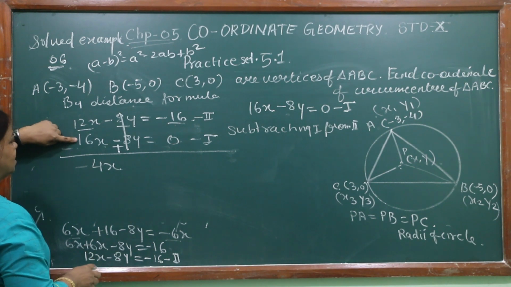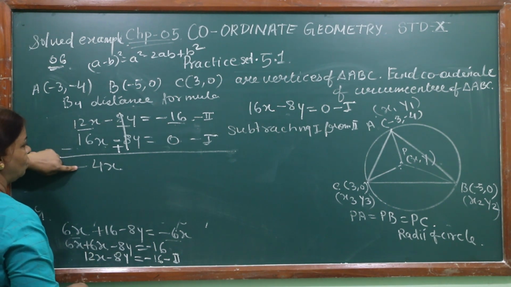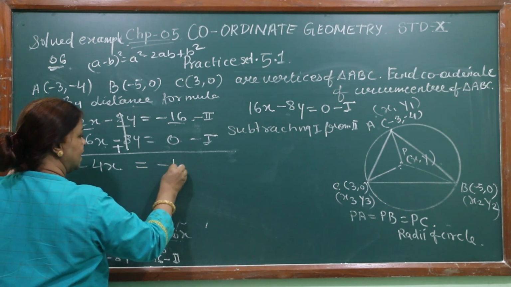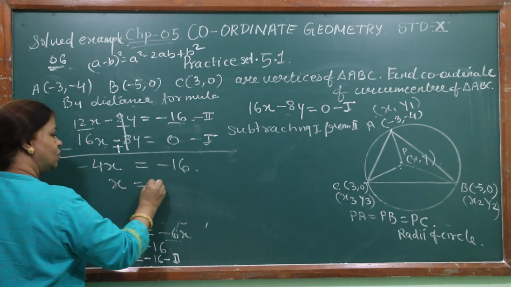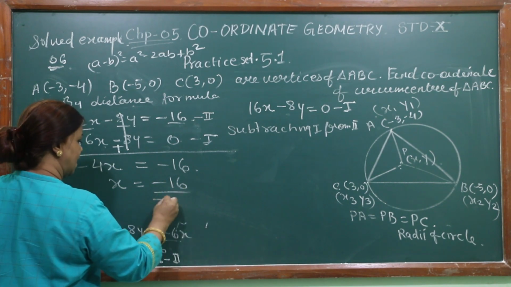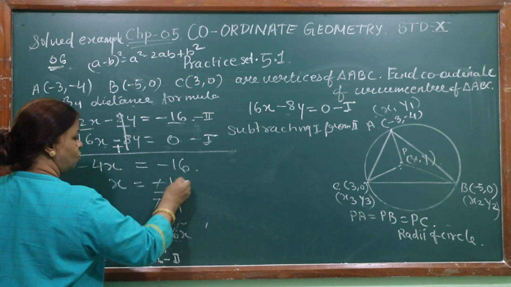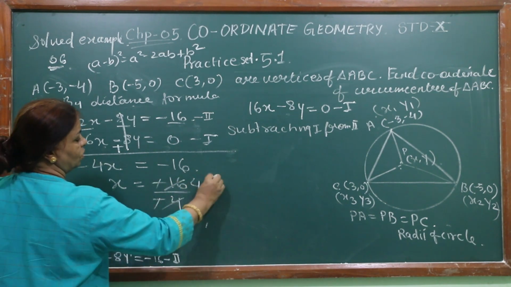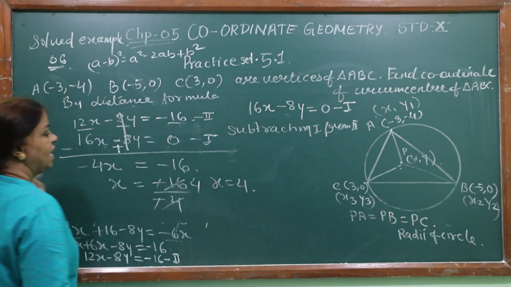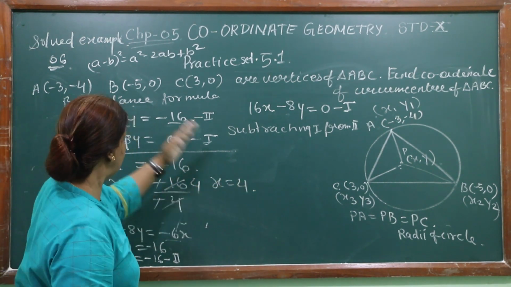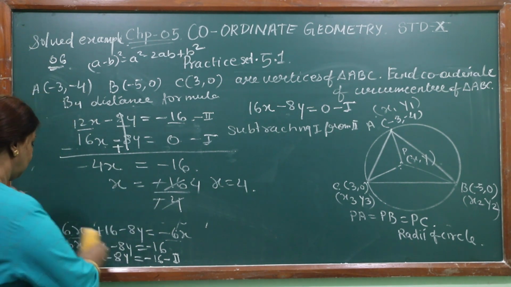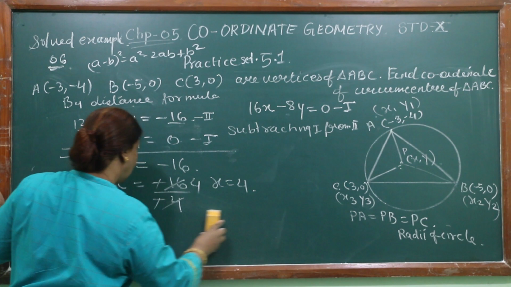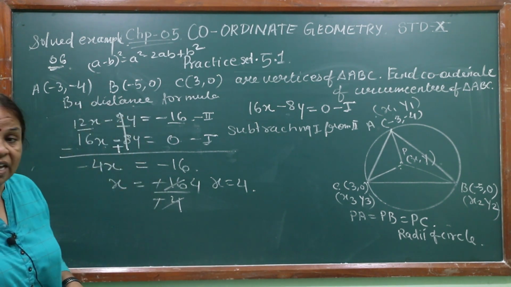See, from 16 you subtracted 12, you got minus 4x, which is equal to minus 16. So x is equal to minus 16 upon minus 4. 4 4s are 16. So x is equal to 4. You got x equal to 4. Now place the value of x in any one of the equations. You can do it yourself also or the other way I am doing it.